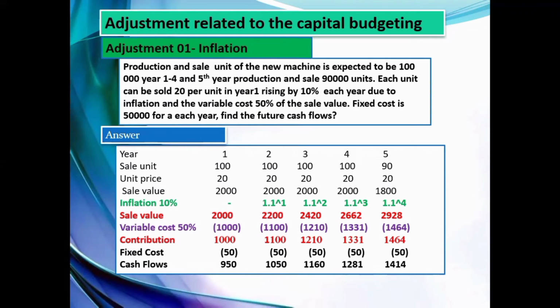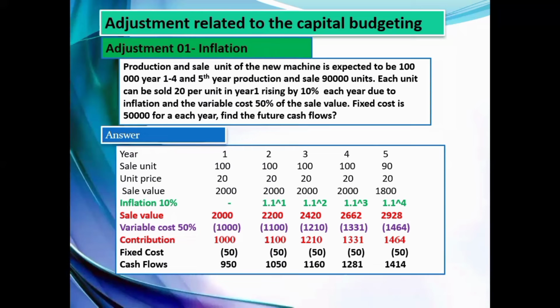How to do it? There is a formula to calculate the inflation rate. That is 1 plus R power of n. R means the rate. N means the previous year. According to this question, there is no inflation for the first year. We have to calculate inflation from the second year.